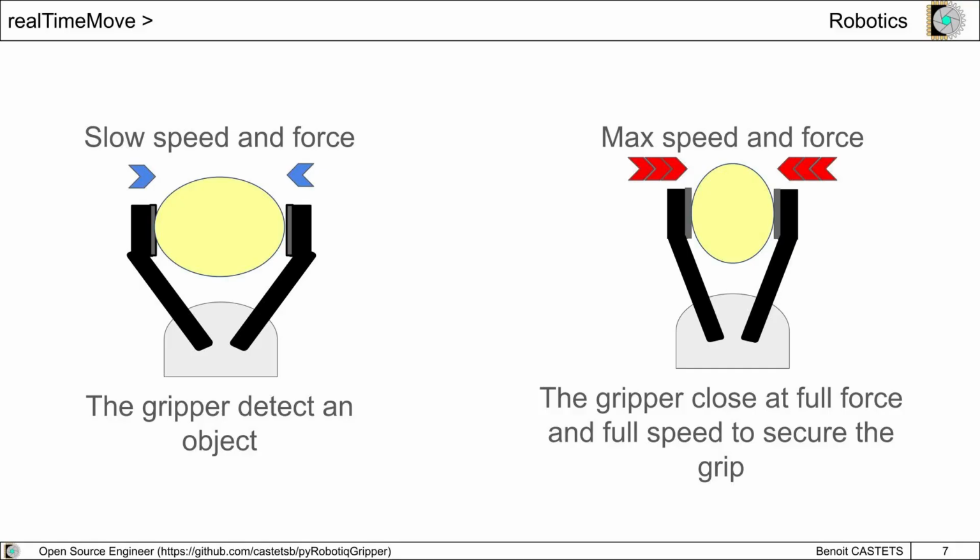So if you grip an object with zero speed and zero force, you will have a very weak grip on the object. So there is a feature in this function where, if the gripper detects an object at slow speed, it will automatically secure this object by closing on the object at full speed and full force. So like this, you are sure to always have a good grip on the part.